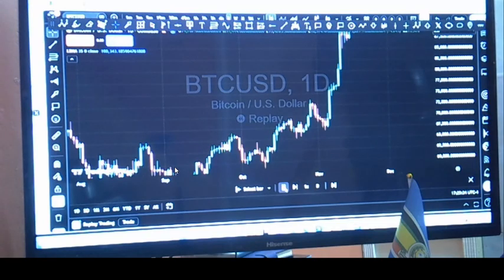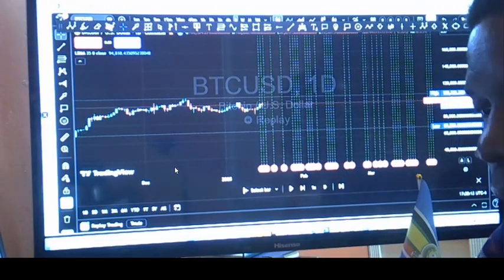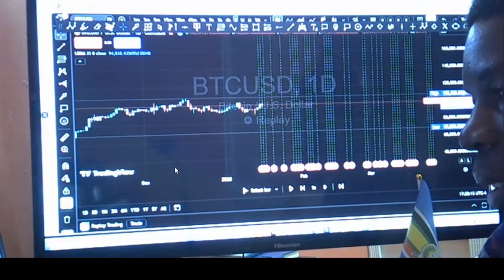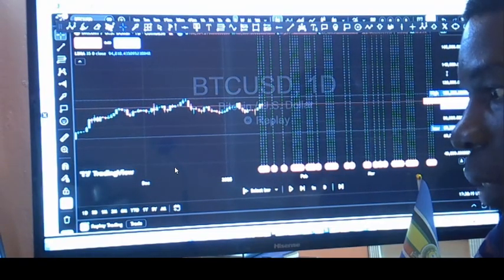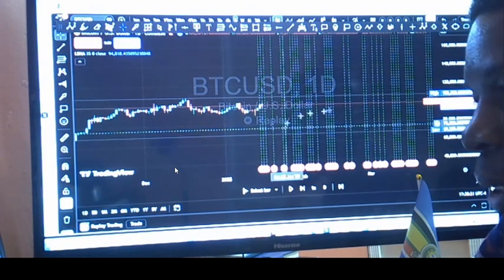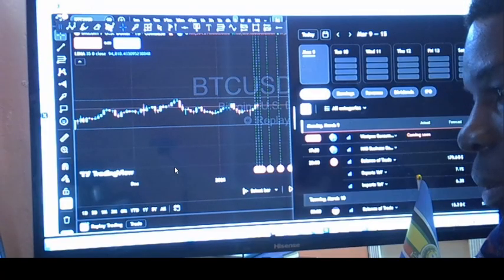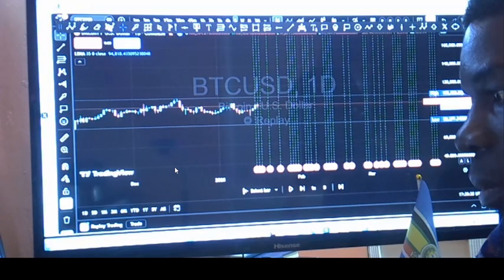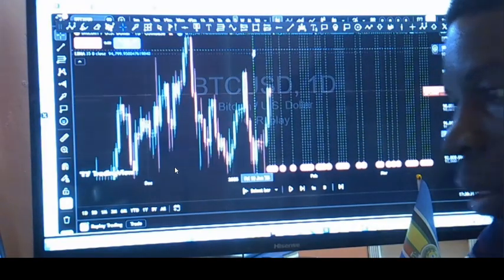Let me try to play it. These are events of news, or maybe the Fed and all that, but we shall not take too much consideration of the fundamentals. We are going to take much more consideration of the technicals.